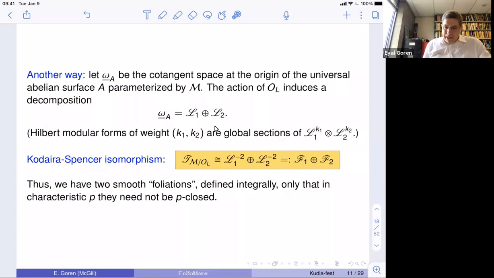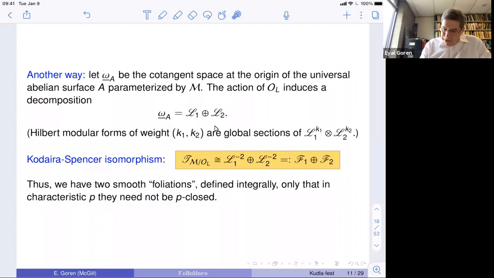Now, I'm saying foliations, but I'm actually slightly misspeaking because, well, one interesting feature is that they're defined integrally, but in fact, in characteristic p, they need not be p-closed. So if I look at characteristic 0, those are just another incarnation of the foliations we defined using the picture of the universal covering space.